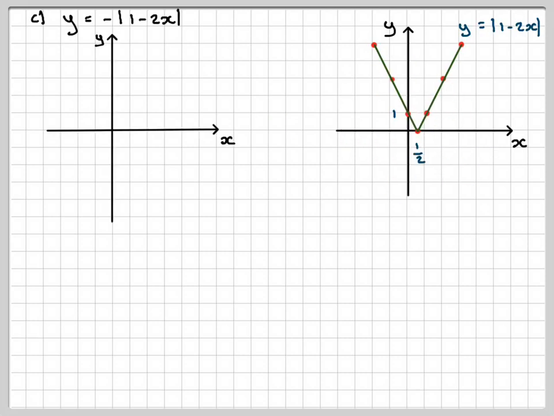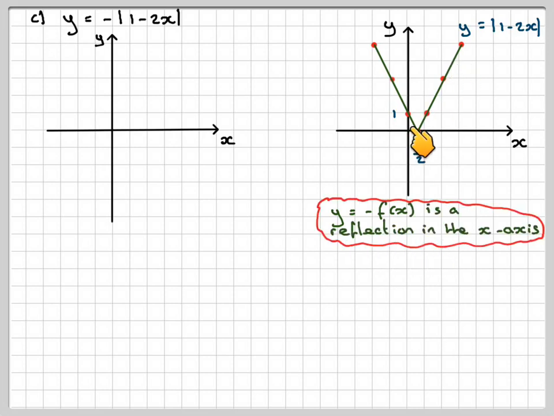And I'll draw another set of axes. Now what we've got to remember, if we want to do y as minus f of x, then if that is f of x, minus it means reflect it in the x-axis. So again, mark on that point, but this point 1 will go down to minus 1. Okay, and then the pattern will continue down that way, for every one along 2 down, every one back 2 down.